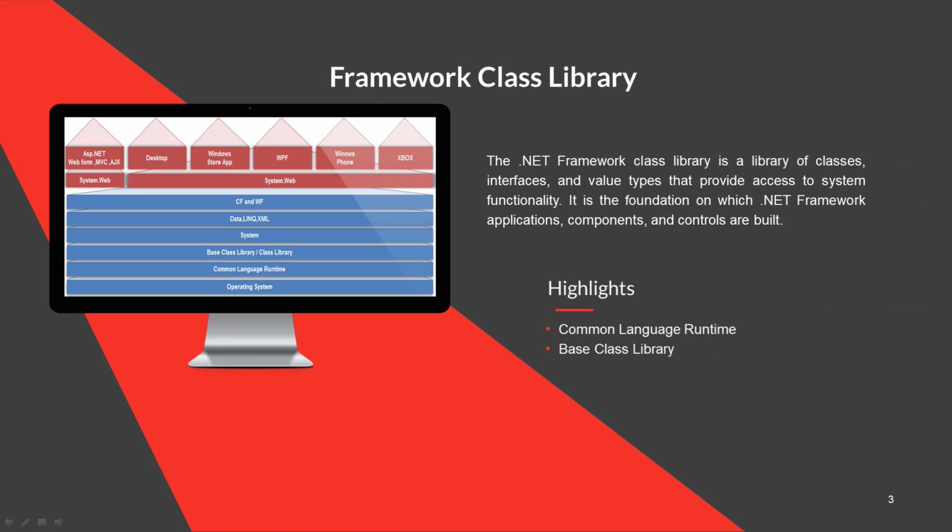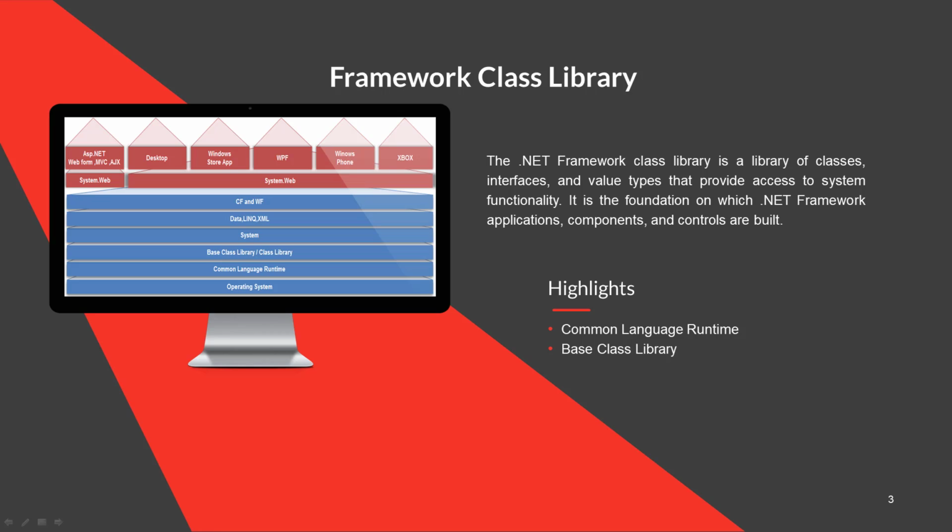So, beforehand, let's take a look at framework class library, which is the abbreviation of FCL, in which you can see so many classes, functionalities, and other services. And this article covers base class library and common language runtime.